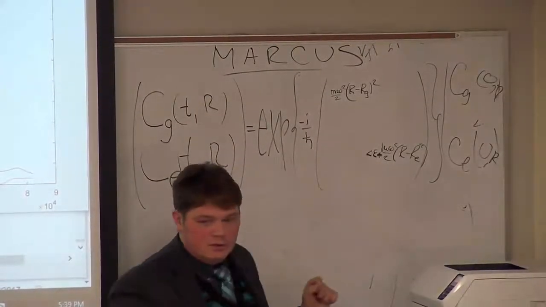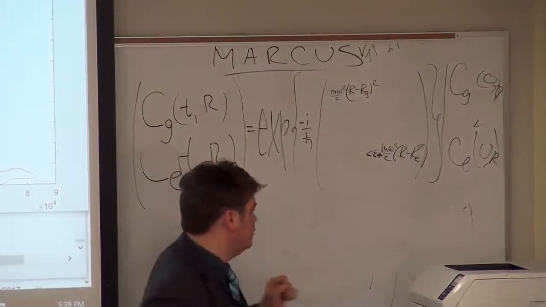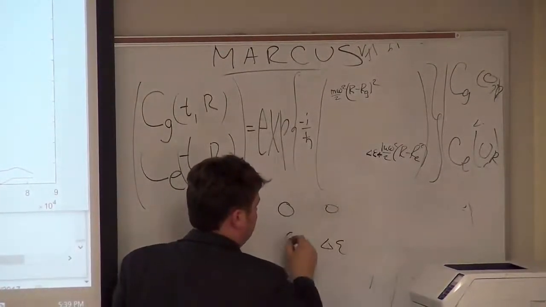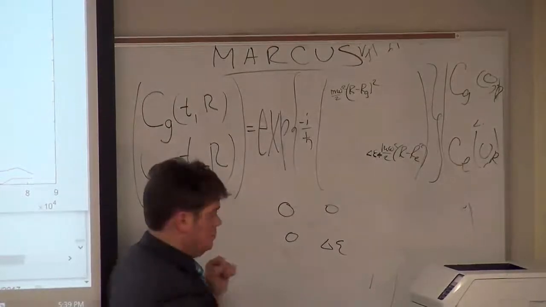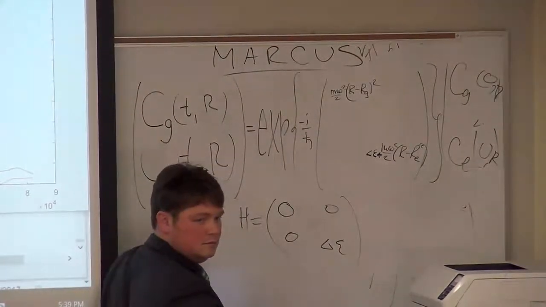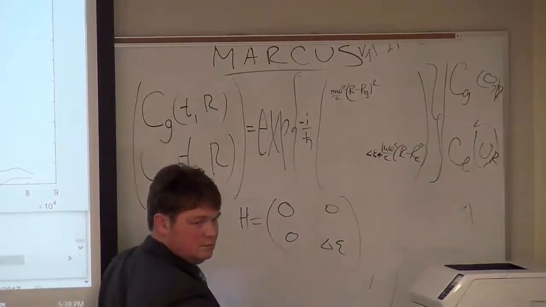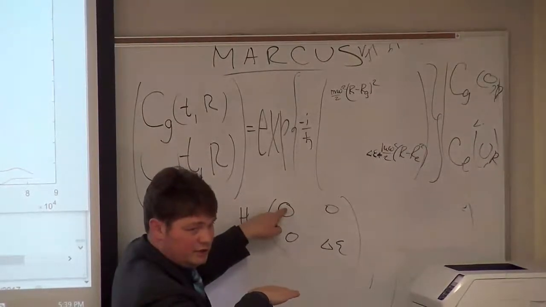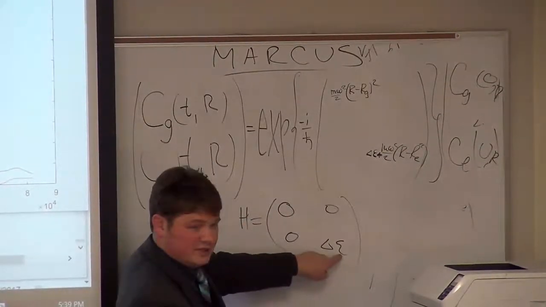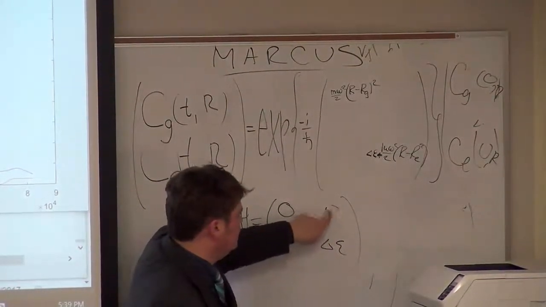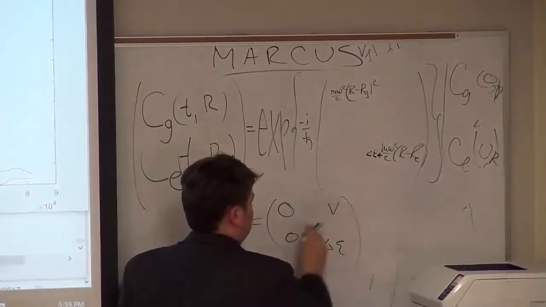In case we do not have nuclear degrees of freedom, the Hamiltonian will be like 0, delta E, 0, 0, right? Energy of ground, we can always shift it to have it 0, and then it is energy of excited. If we do have non-zero transmission probability, you can put it as coupling.